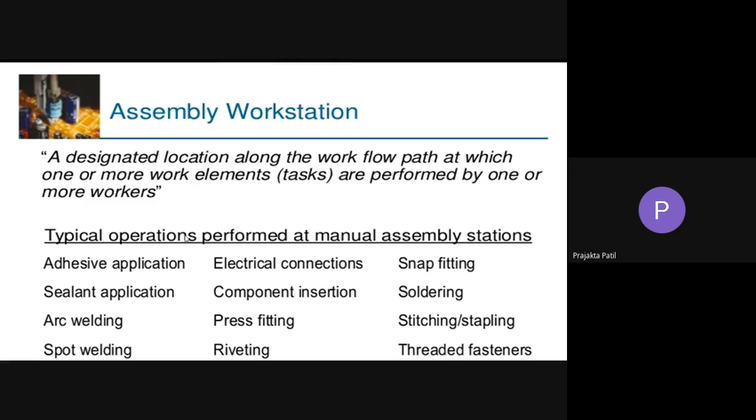These assembly workstations can either allow the worker to sit at a place and perform the task, or the worker may have to stand and perform the task. When the worker has to stand, they can move around the station area to perform their assigned task.